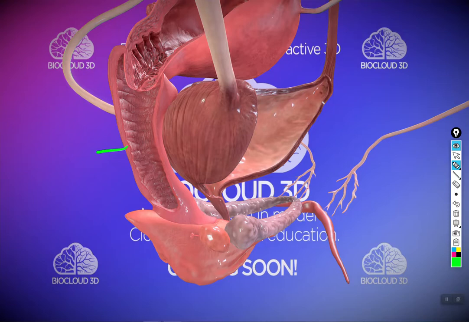So it's primarily made of, as I said, squamous epithelium, but also elastic connective tissue, fibrous connective tissue, and smooth muscle.